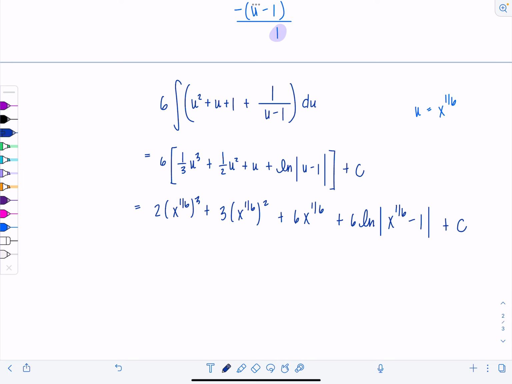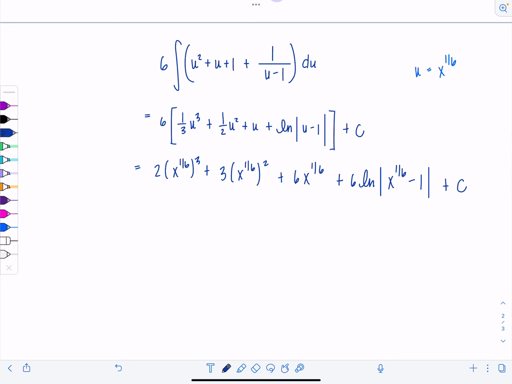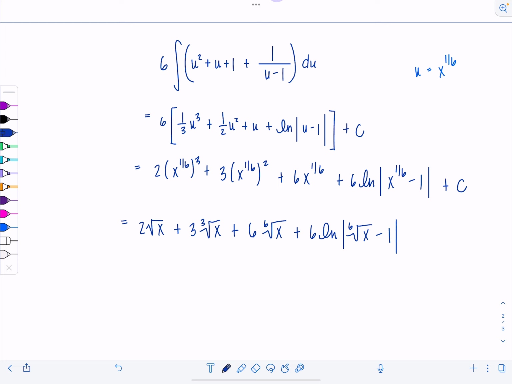And then last step, let's clean up, rewrite everything with radicals. So this is 2, that'll be x to the 3/6, which is 1/2. So that's square root of x plus 3 x to the 1/3, which is cube root of x, plus 6 sixth root of x plus 6 ln absolute value sixth root of x minus 1 plus c.